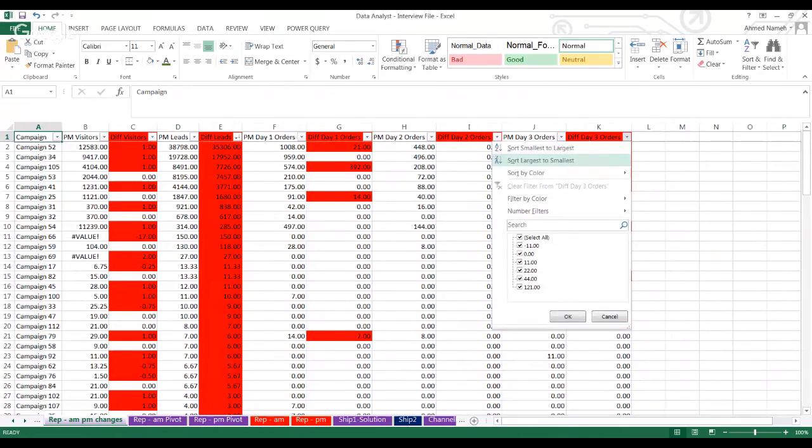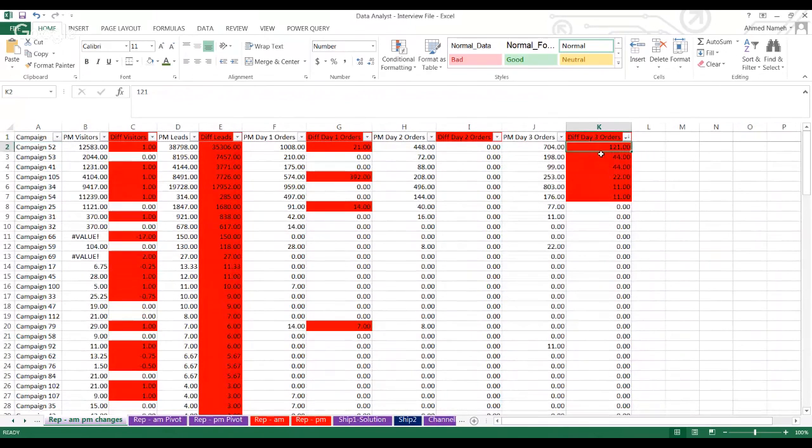So sort from largest to smallest. And you'll see there are a few campaigns here where there is a difference. Campaign 52, you're looking at a 121 order difference between the PM and the AM. Campaign 53, 41, 105, and so on and so forth.